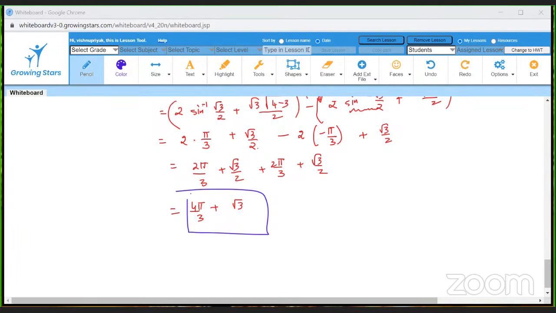In that way, you will proceed without a graph. With a graph, it will be easier. Of course, I know drawing the graph is difficult.